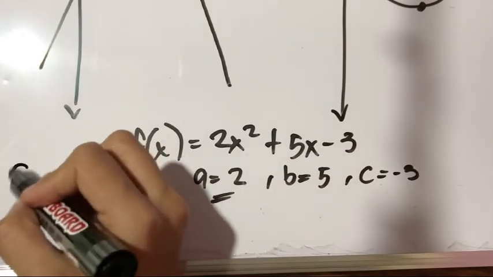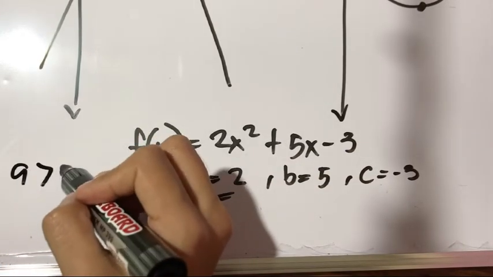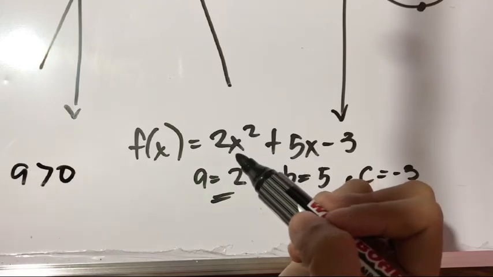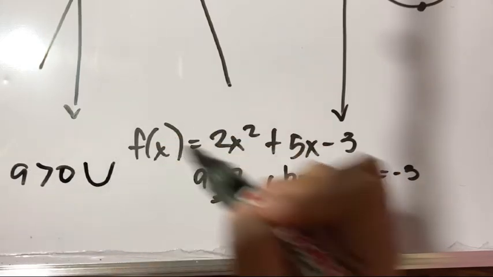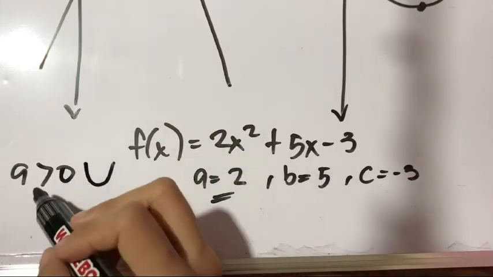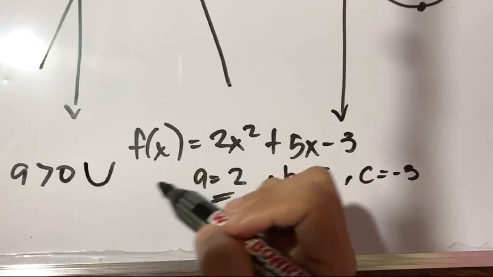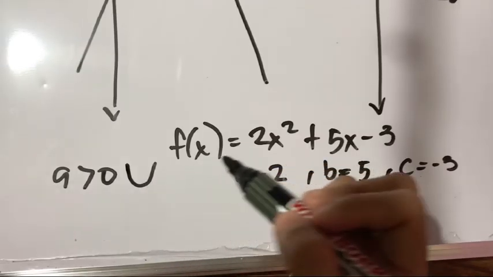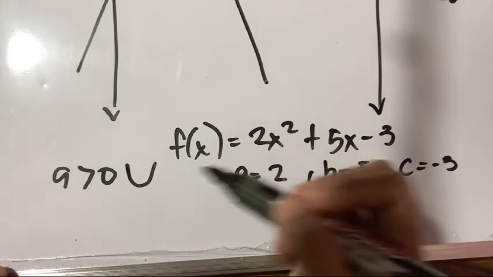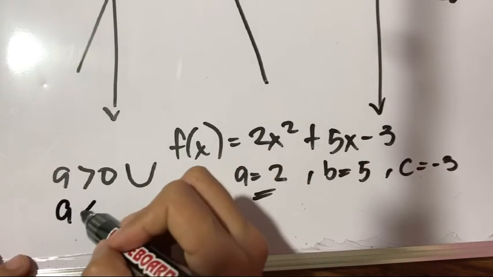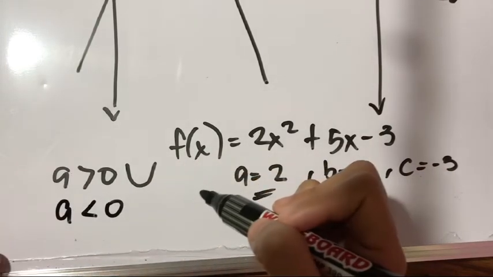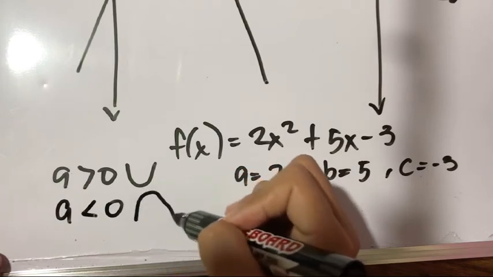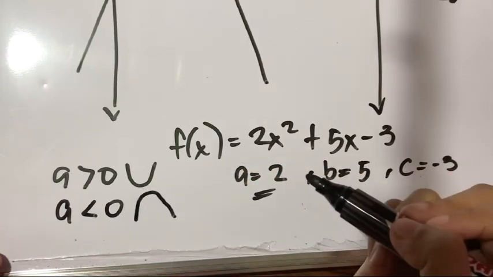If a is greater than 0, then the parabola opens upward, or these are the set of positive integers. Now if a is less than 0, or the negative integers, then the parabola would open downward.